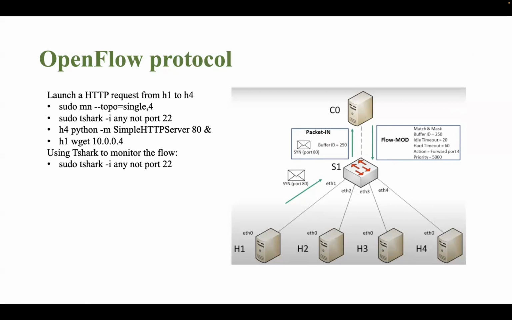Because the SYN packet is the first packet in the HTTP GET request, the switch buffered the SYN packet, and the flow modification message will tell the switch to release this SYN packet, whose buffer ID is 250, and do this action, forward to port 4.